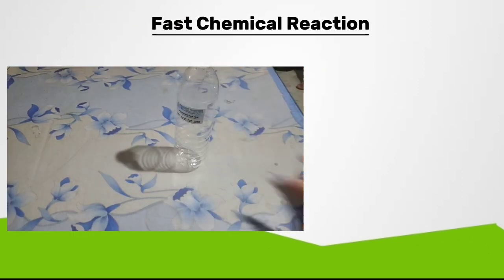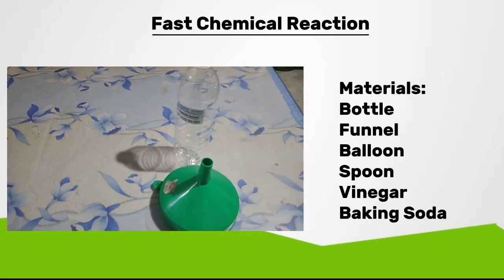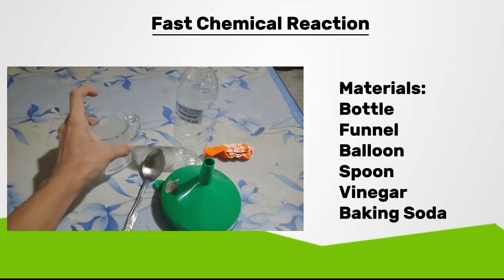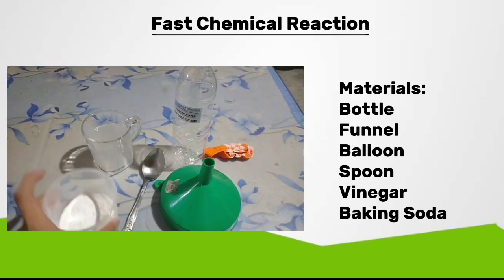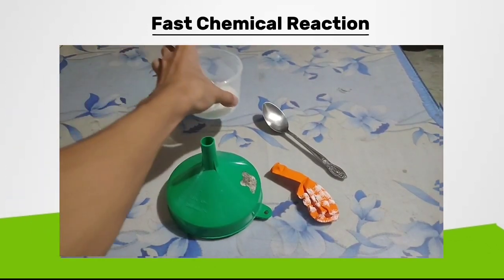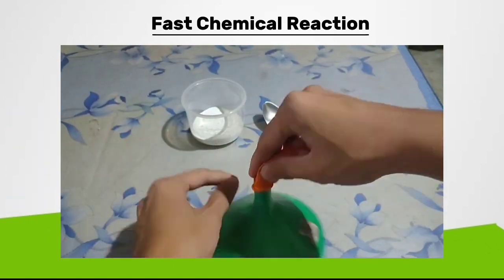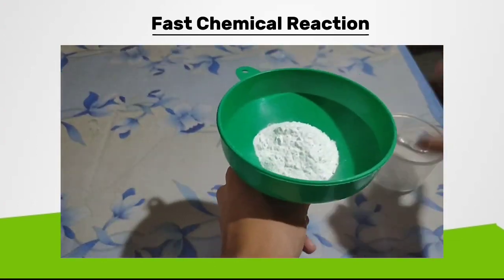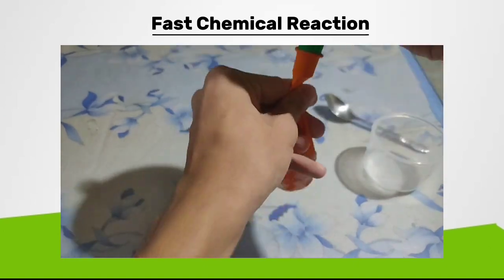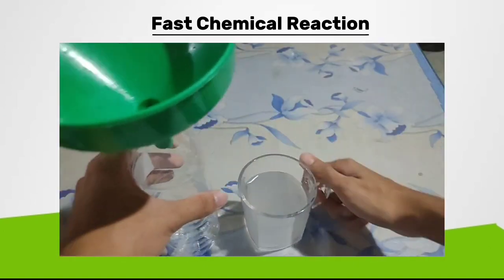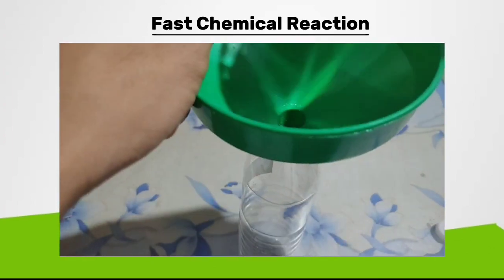For this experiment, we need a bottle, a funnel, a balloon, a mixing spoon, vinegar, and baking soda. First step is to funnel the baking soda into the balloon. And also realize that scooping it with a spoon is not an efficient method. Next step is we funnel the vinegar into the bottle.